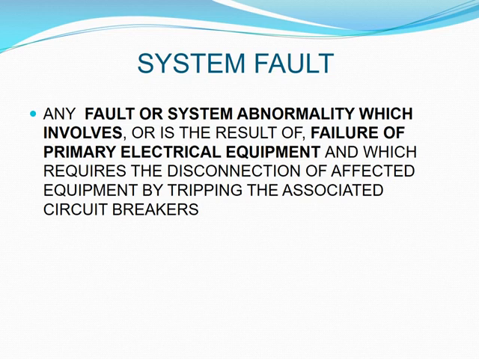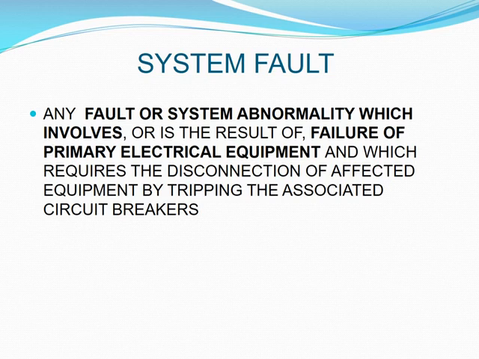So when we talk of a system fault, we talk about if there should be a fault or any abnormality in our system, which can then result in failure of the primary electrical equipment. This will require a disconnection of whatever equipment is associated to that primary electrical equipment, and it will be done by tripping your associated circuit breakers.